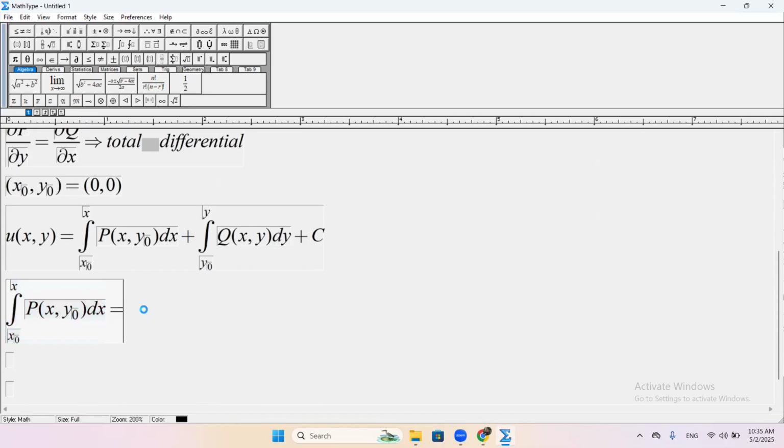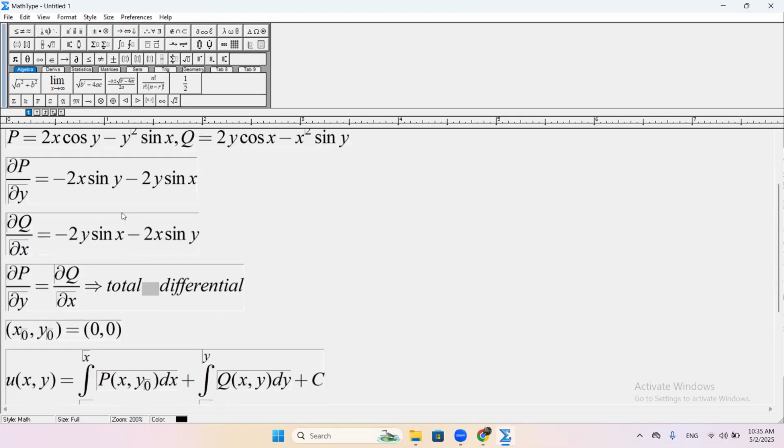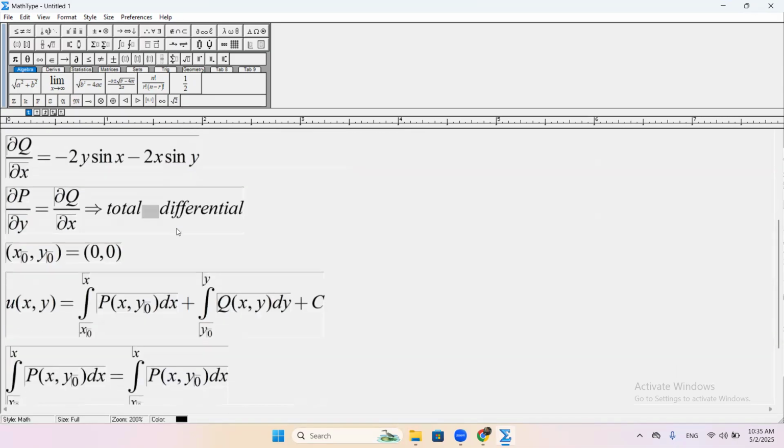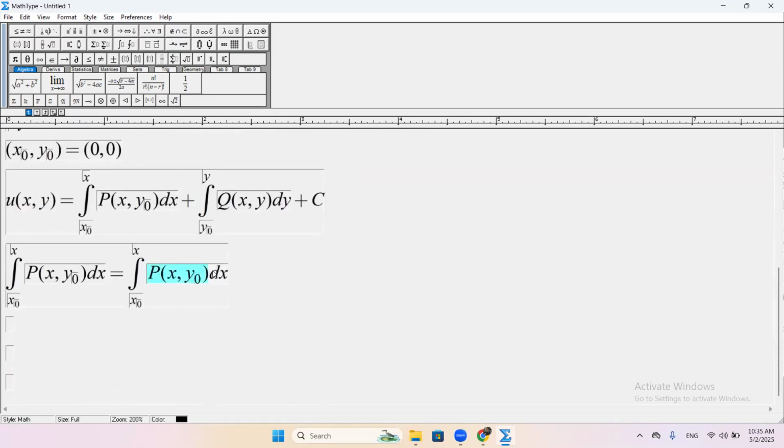So we will have the following integral, P from x0, y0, so from x by y0. So this part will be eliminated.